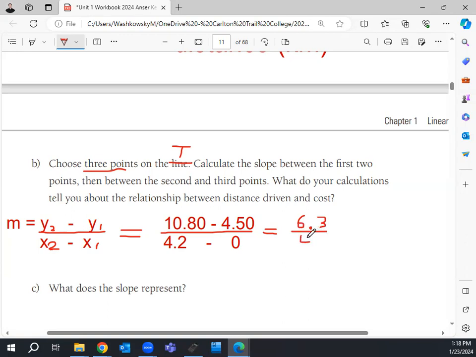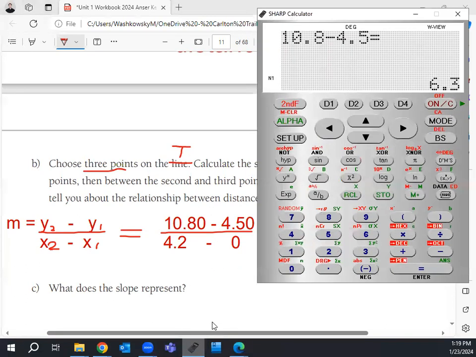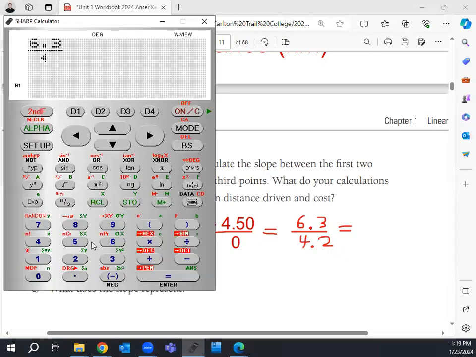Divided by 4.2. Let's simplify that. That's not a very clean number, right? We want to try and get at least one of those decimal points away. So I'm just going to quickly put 6.3 and then 4.2 in my calculator.